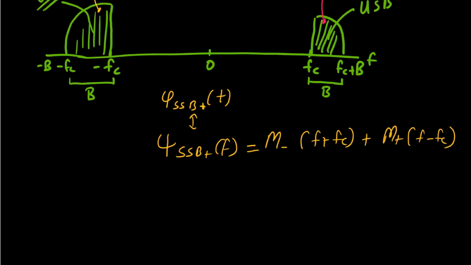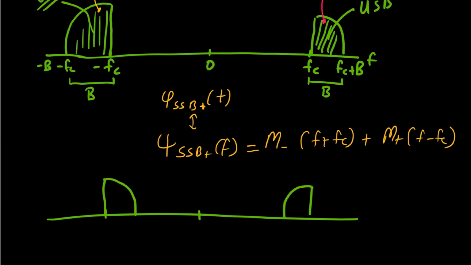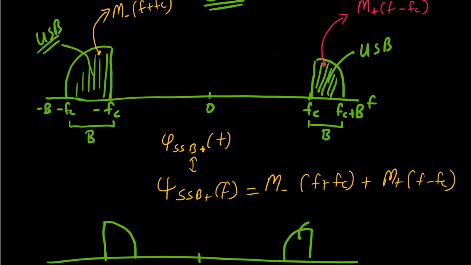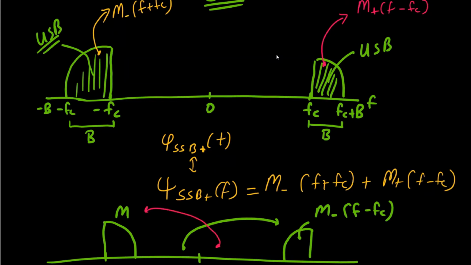If we are having the lower sideband only, what is this now and what is this? This is moving from this point to this point, so this is basically minus f minus fc, and this is moving from here to here, so this is basically m plus f plus fc.